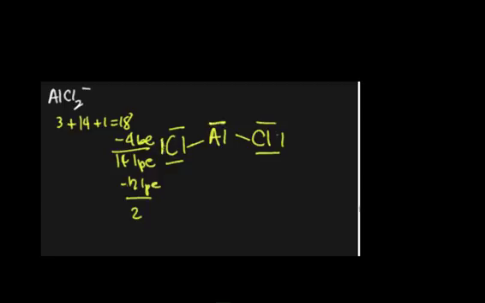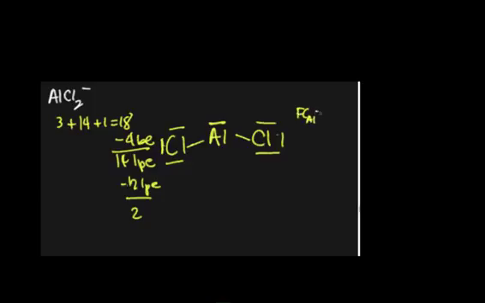Okay. Now what? The octet of aluminum is not satisfied, so will you share a chlorine with aluminum or not? No, because aluminum is in the third column, and it's one of the exceptions like boron that can have less than 8. Look at its formal charge.